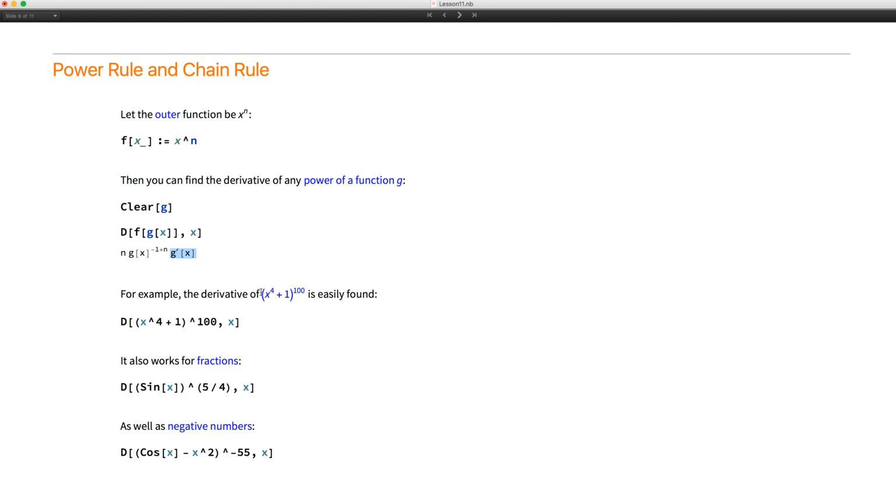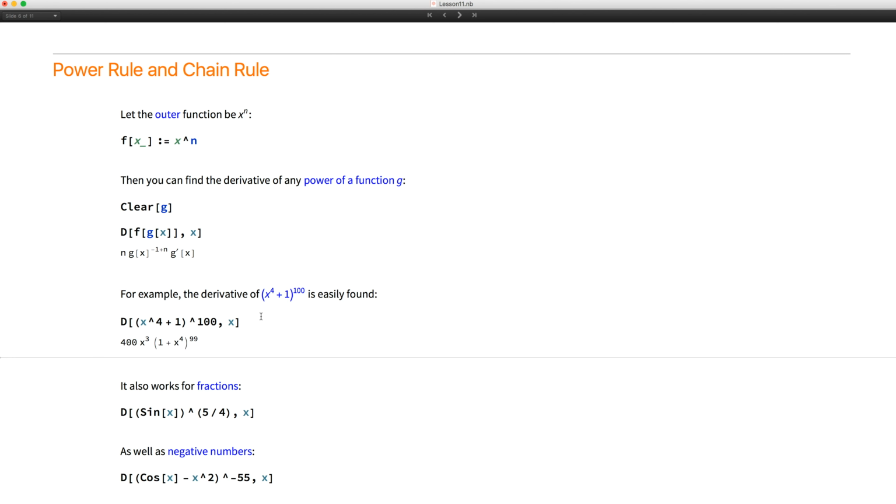So for example, if I said find the derivative of x raised to 4 plus 1, all raised to 100, you can find quite easily because all you do is you do 100 times that raised to 99 times the derivative of x raised to 4 plus 1, which is 4x cube.